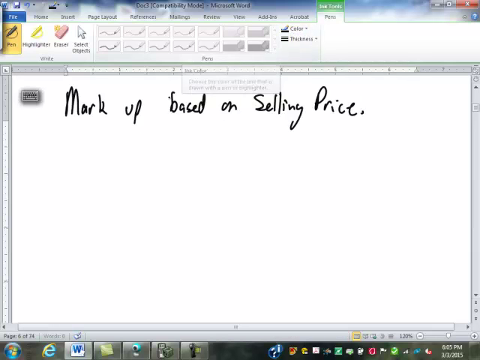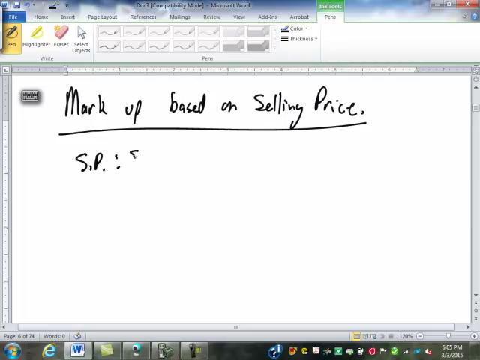So an example here might be, let's say that we're going to sell an object for $40. The percent markup is 30% on the selling price. Let's find the dollar markup.